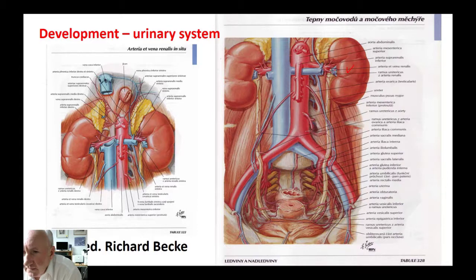As you see, from the pelvic part of the kidney is coming out the ureter. The ureter is opening into the urinary bladder, and from the urinary bladder is coming out the urethra.